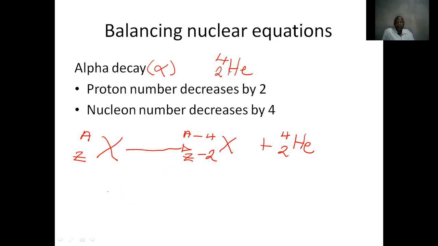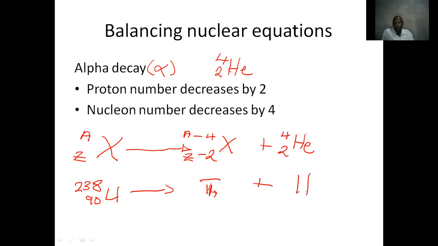For example, if you have the atom with a nucleon number 238 and the proton number 90, you form a new atom with a nucleon number which is going to decrease by 4 and the proton number which is going to decrease by 2.